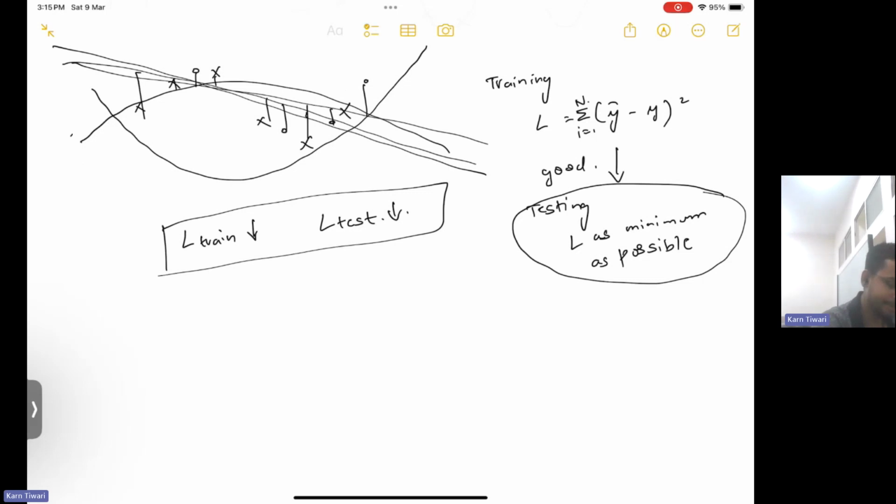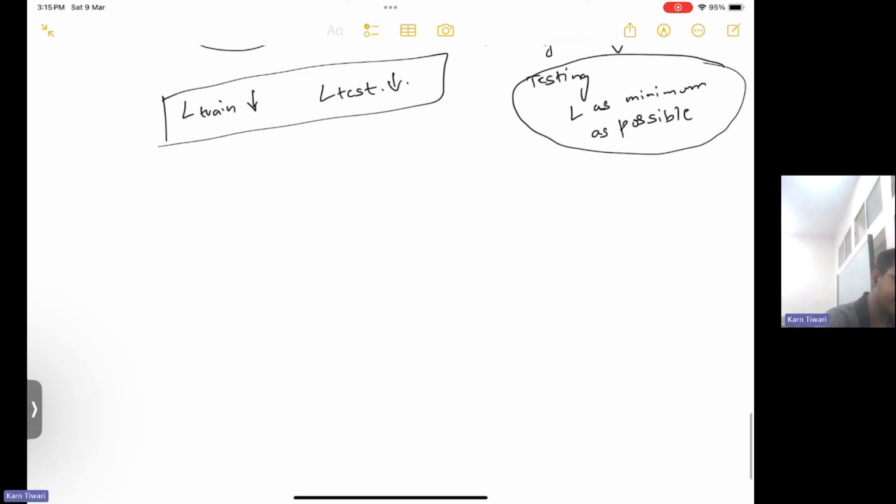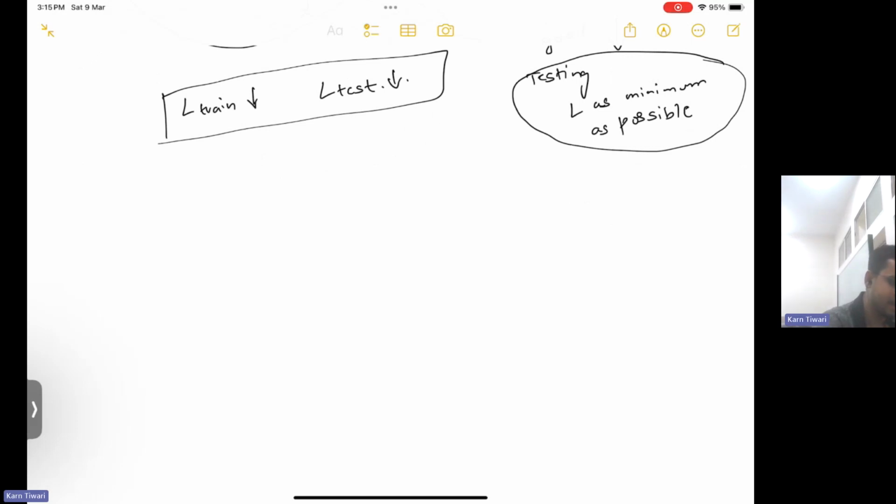So if we are given certain training and test data, how do we quantify how good our model actually is?